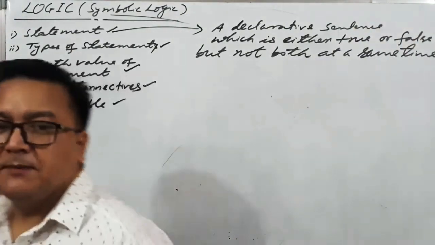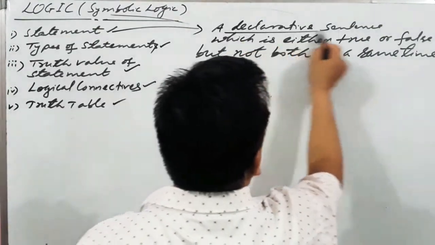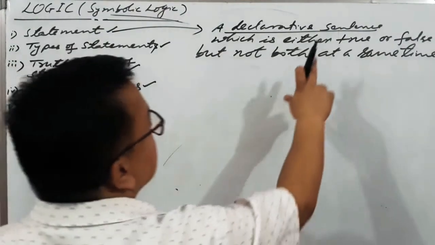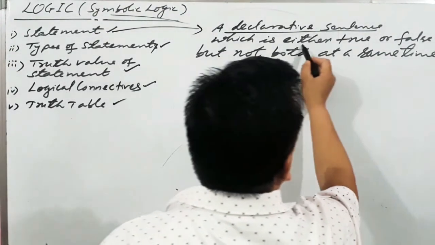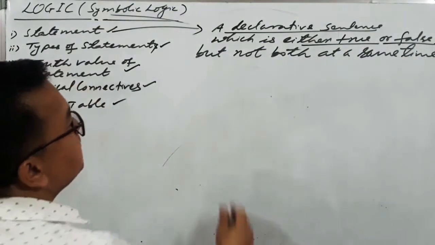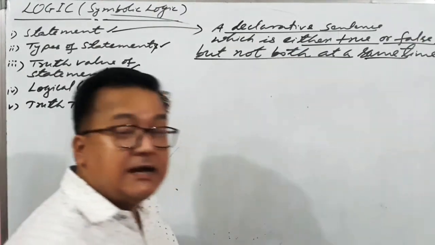This is called a statement. A sentence here means a declarative sentence, or you can say an assertion. A declarative sentence which is either true, very important thing, or false, but not both at the same time.